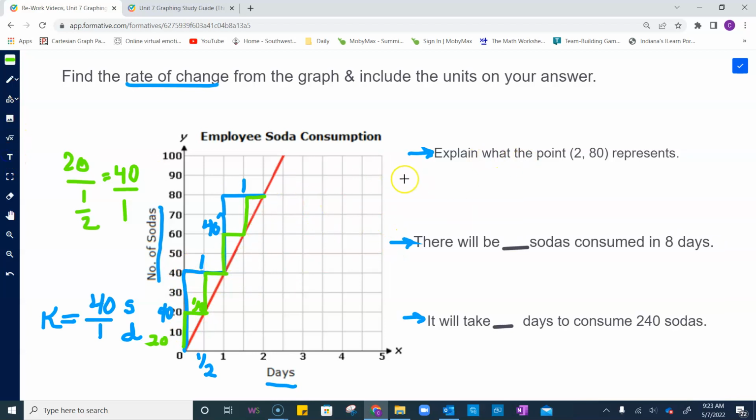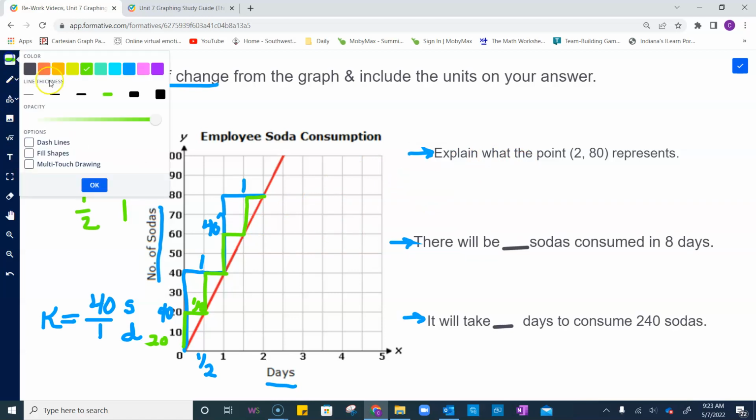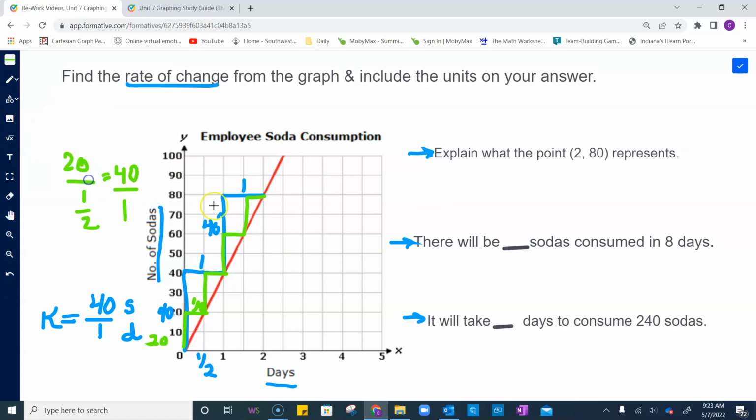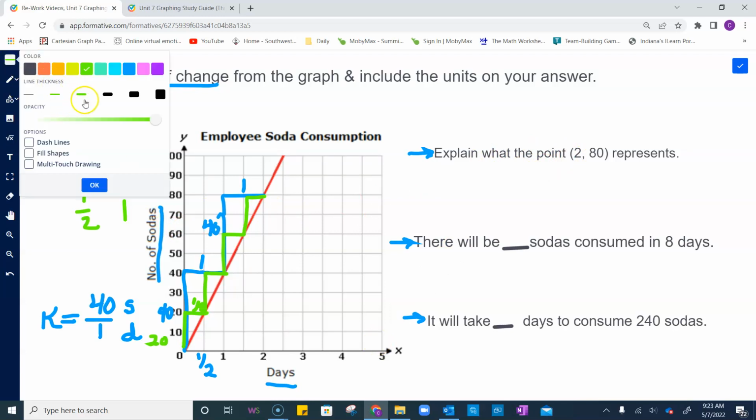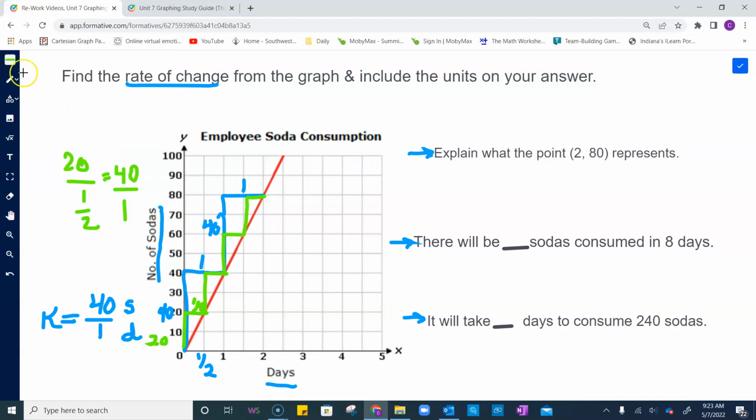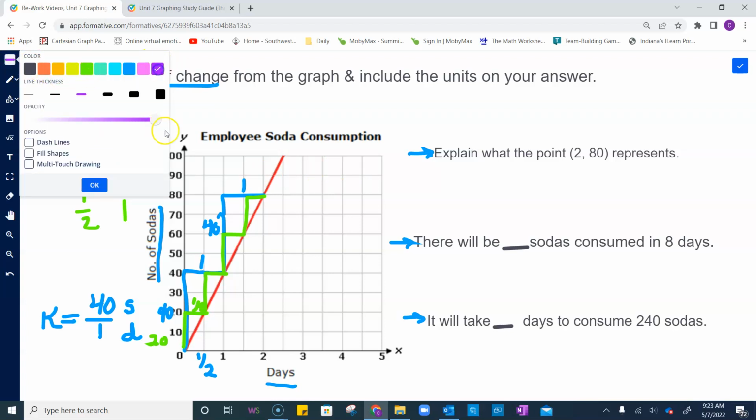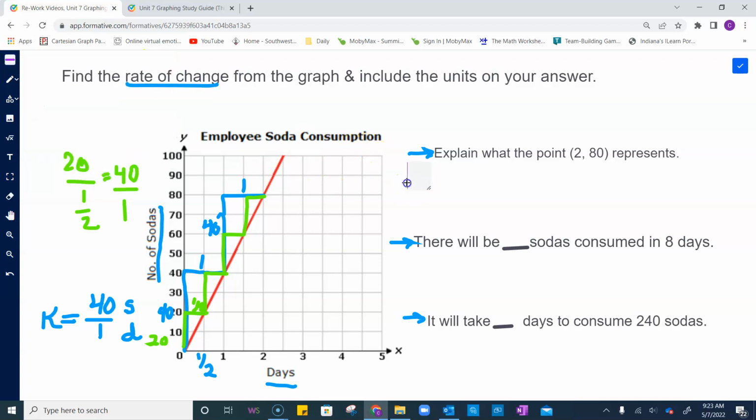Now explain what the (2, 80) represents. On this, you have to be specific. You have units on your graph, so you need to describe what these numbers represent according to your graph. I'll make that a little bit bigger for my text, and I'll make it darker so you can read it. Okay, so the 2 represents days and the 80 represents number of sodas.